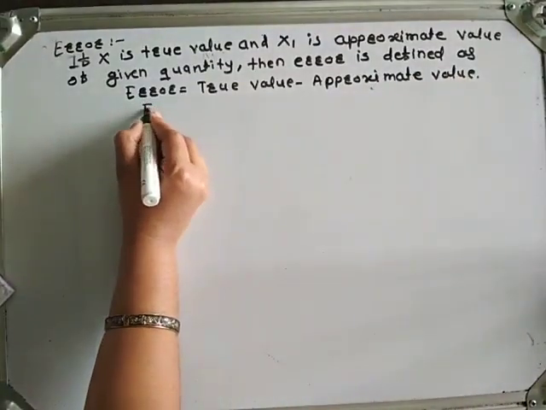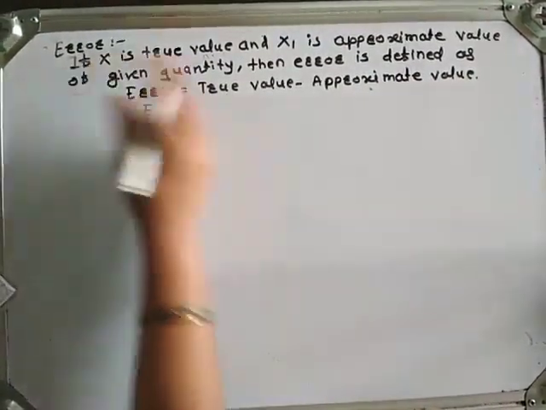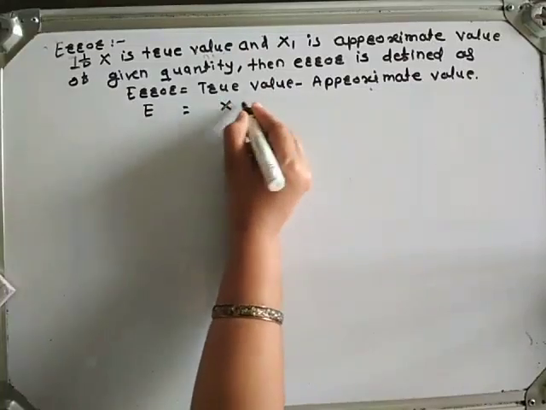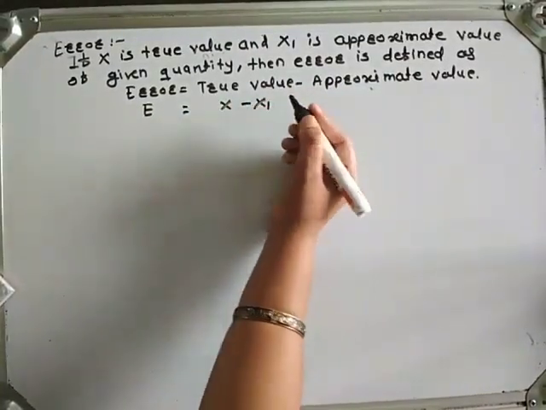Error is denoted by E, which is equal to true value x minus approximate value x1.